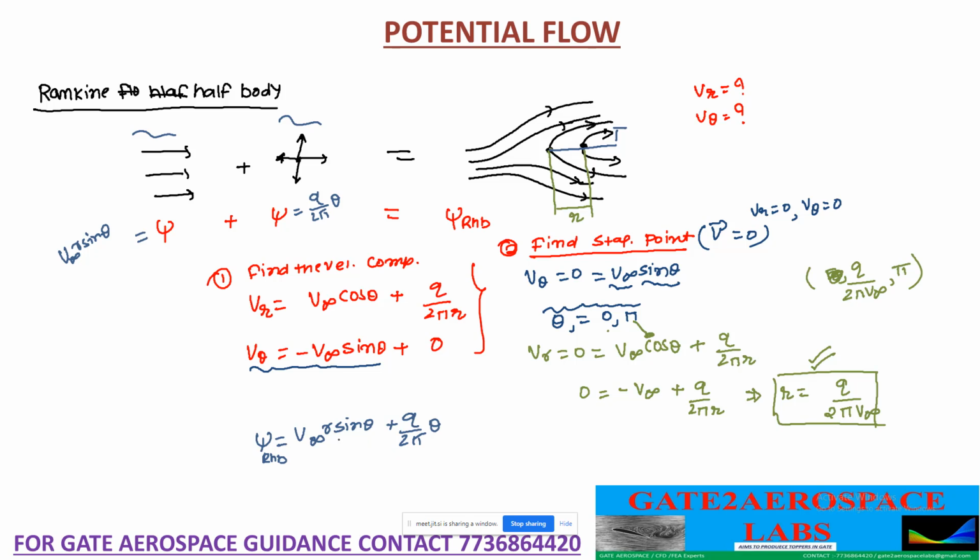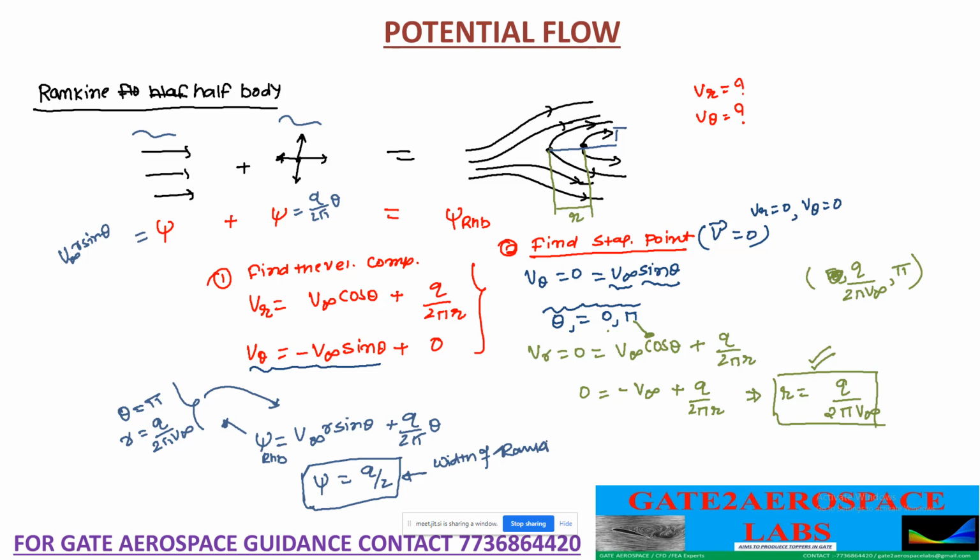Now at the stagnation point you will have theta equal to pi, and the value of r we have determined as Q by 2 pi V infinity. If you enter these two values here, then you will get the stream function as Q by 2. This is called the width of the Rankine half body. Okay, is it clear?